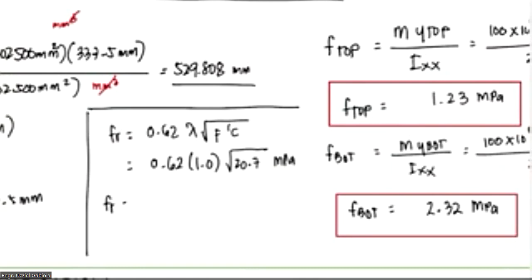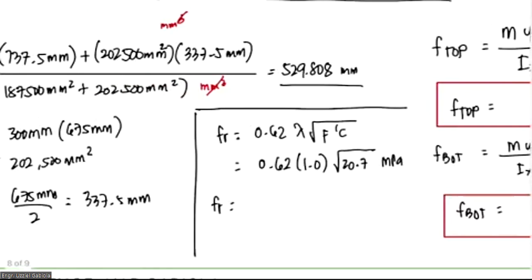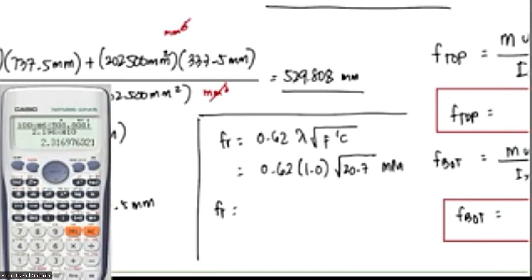So Fr will be equals to 0.62 times 1 times square root of 20.7. We have 2.82.